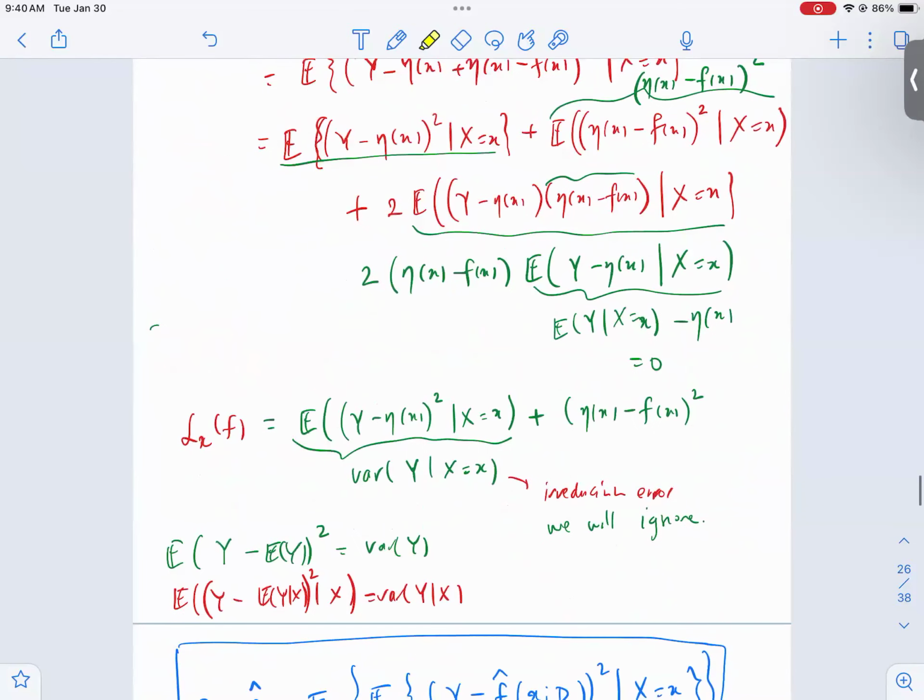The prediction error reduces to a component which is the conditional variance of y given x, and then the difference between the regression function, where f of x is your candidate regression estimator and eta of x is the true regression function, so how much you're off, squared, plus a term which is not really useful.